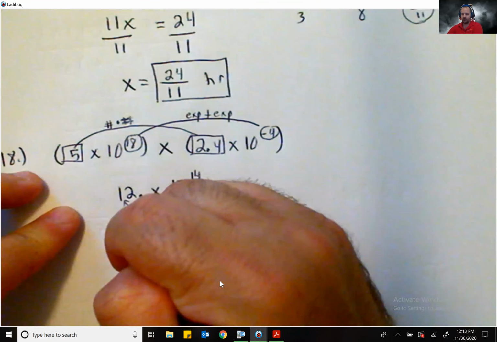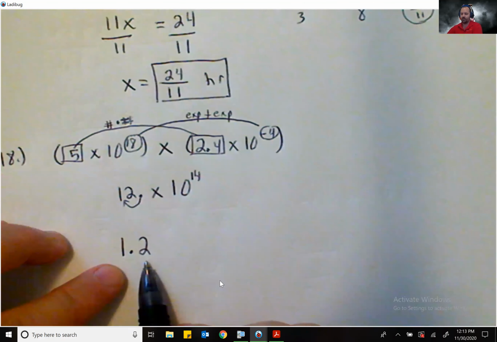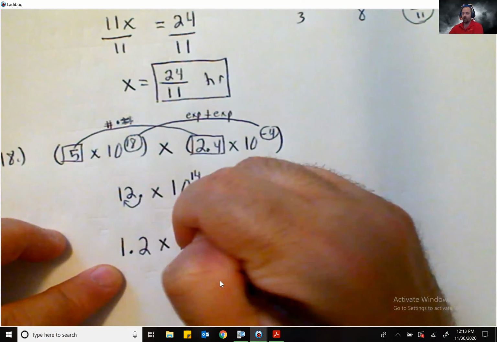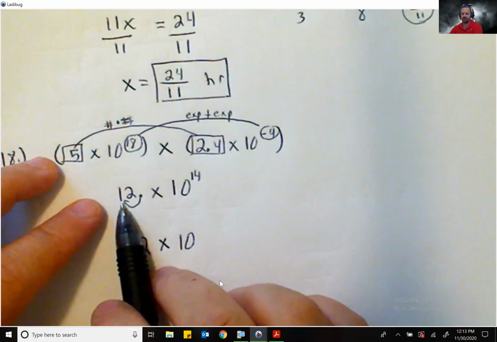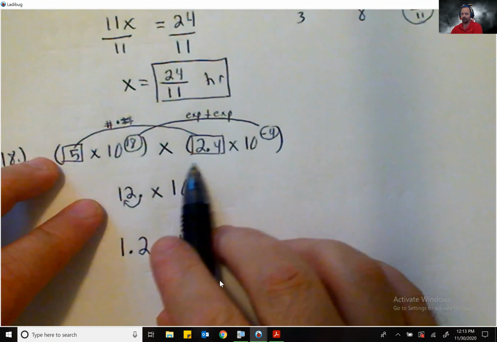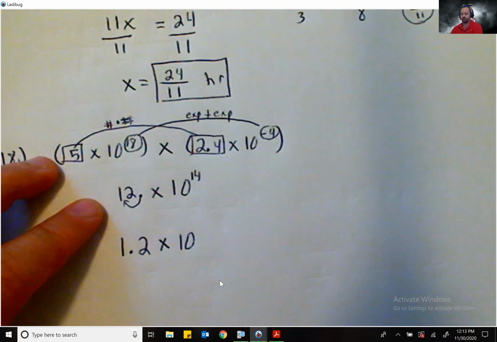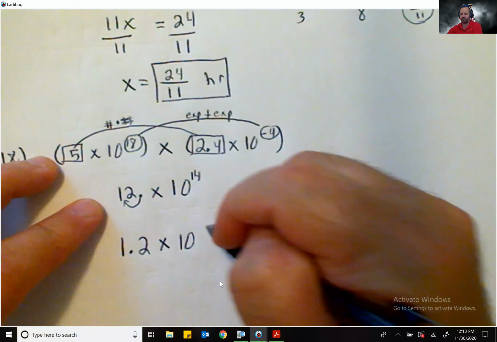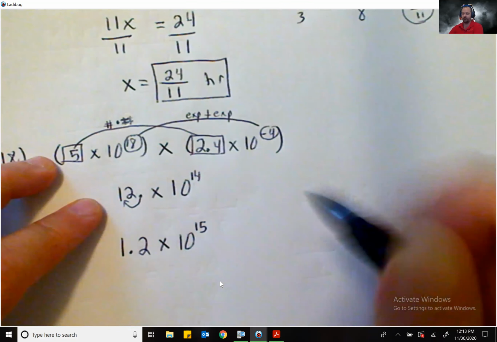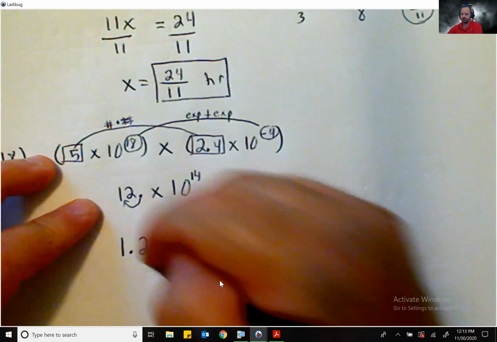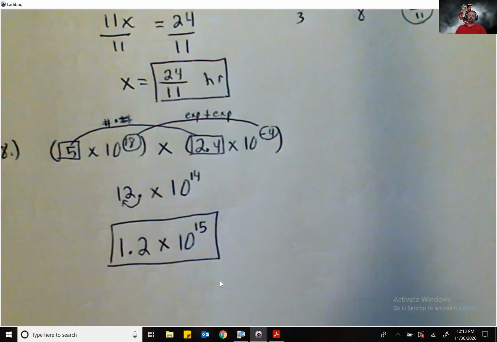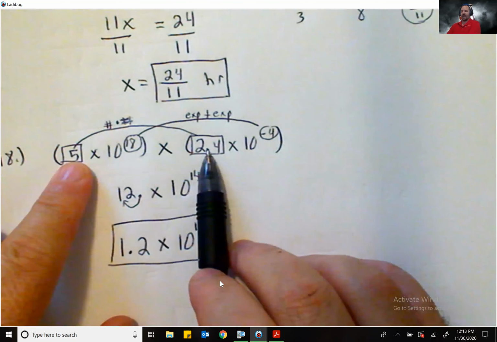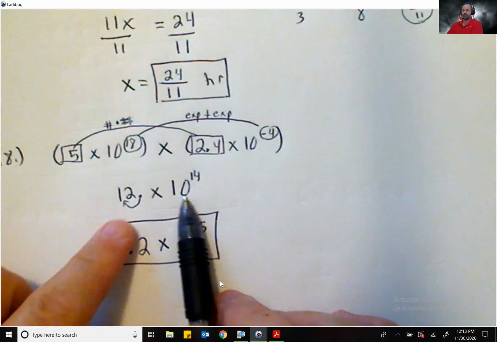So our number is 1.2 times 10 to the, what happens when we move one place to the left? What does that do to this power? It would increase, by 1 because we only moved one place. There's our scientific notation number. So the numbers multiply, the exponents add, and then you got to make sure that it's still in scientific notation.